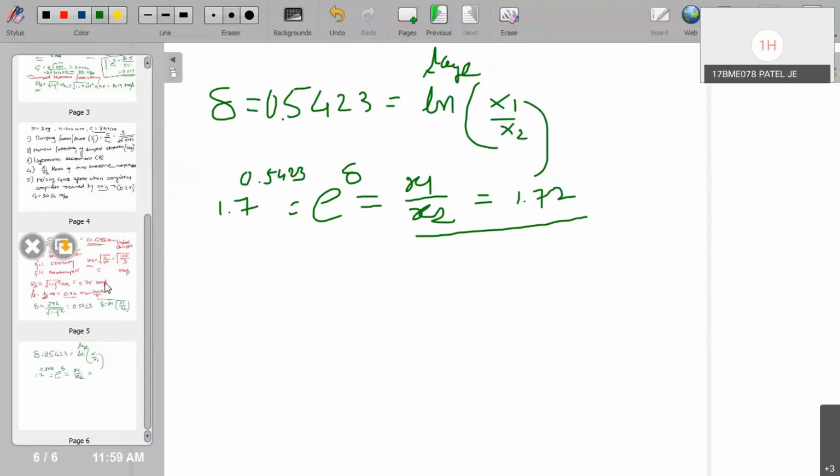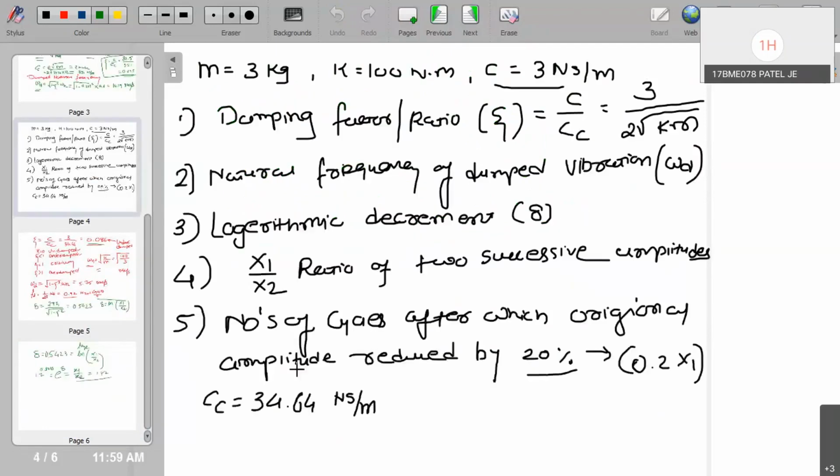Okay. Now next, what is to be found out? Number of cycles after which the original amplitude is reduced by 20%. So if the original amplitude is x1, then after reduction the amplitude will be 0.2 times x1.